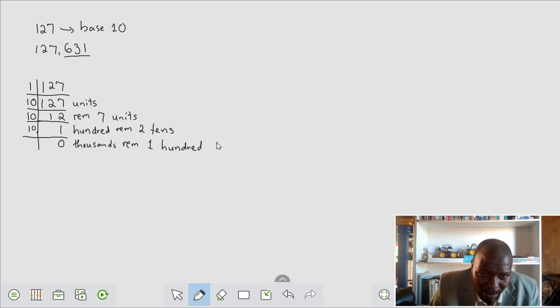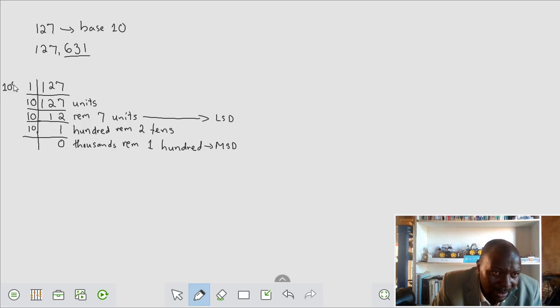Therefore, this is the most significant digit and this is the least significant digit, the LSD.